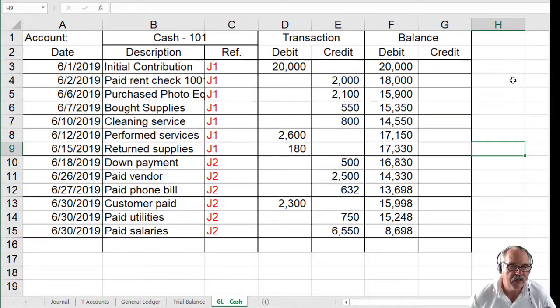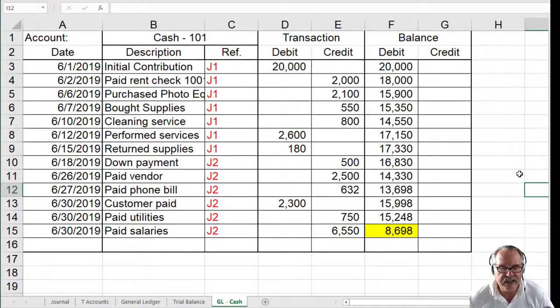If you remember, we put the first two in, and in this case I actually did put descriptions in here. Either way, you can reference it to the journal and put a brief description, but the point is we keep a running balance of the cash account, and my ending balance is $86.98. It agrees with the T account, it agrees with the trial balance. This is what the cash account general ledger would look like.